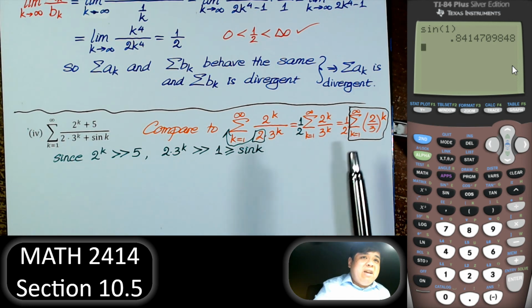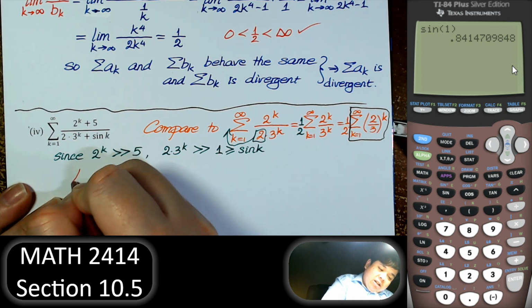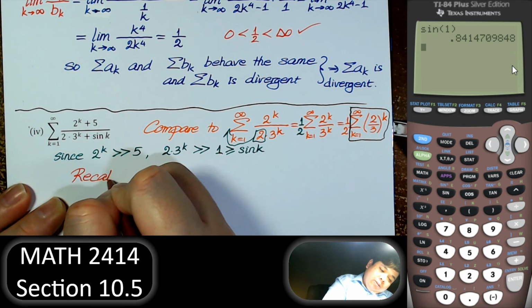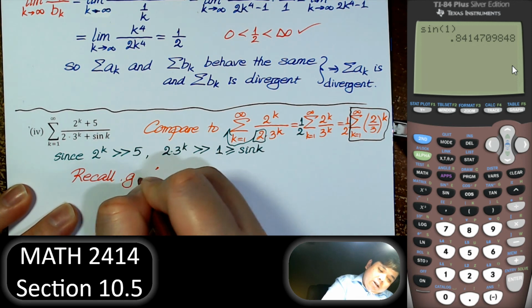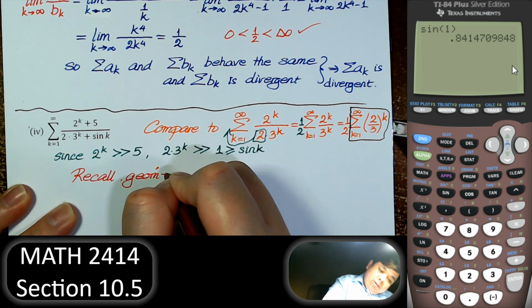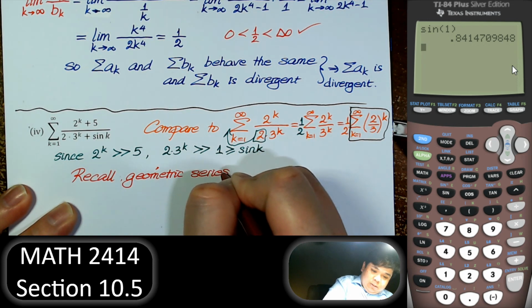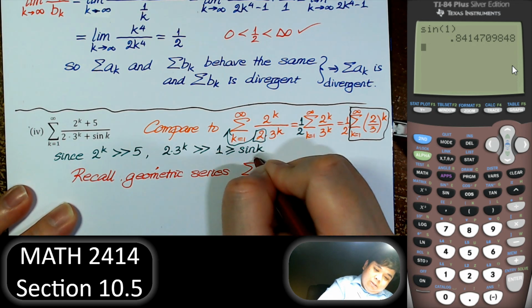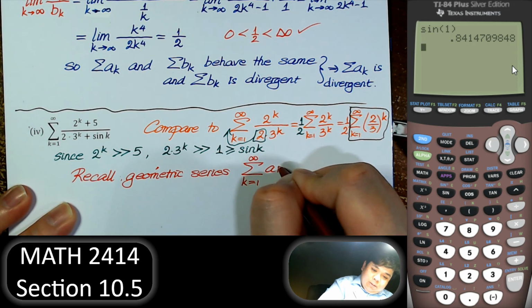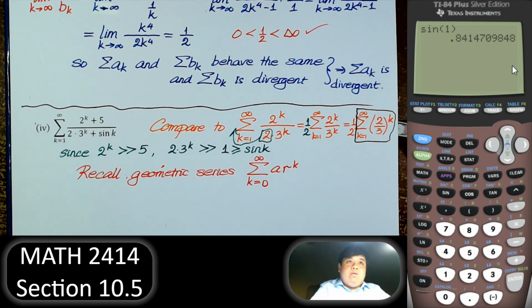Whether we have the 1/2 like that, it doesn't matter. But I will write out the important fact here. We call this a geometric series. Actually, for geometric series, this goes from 0.